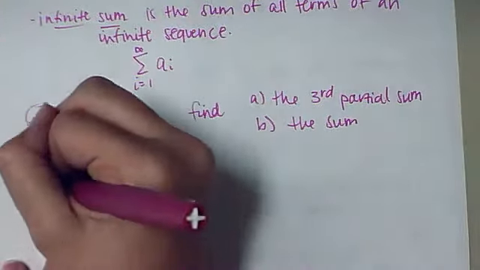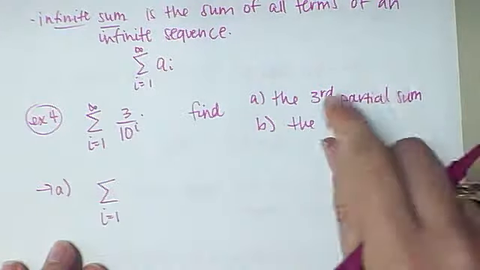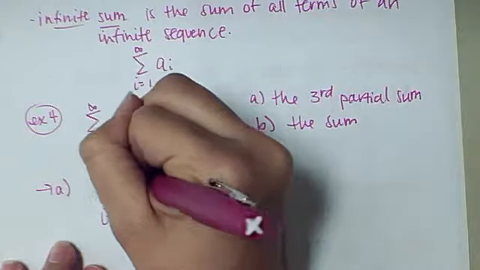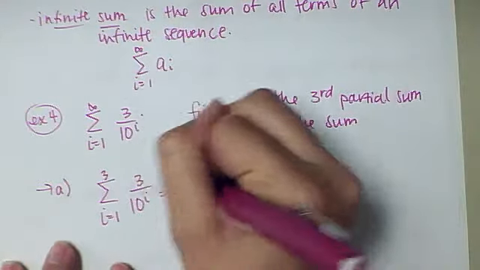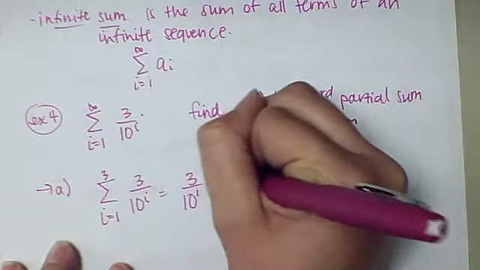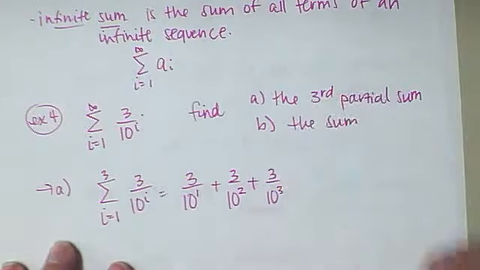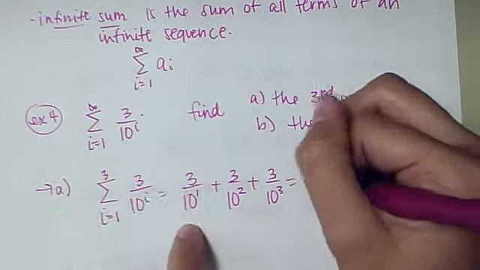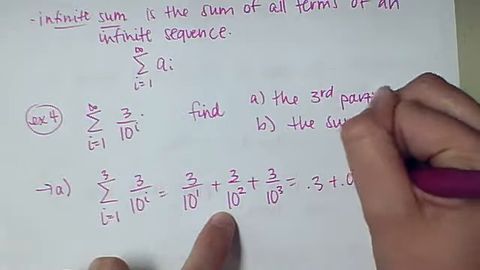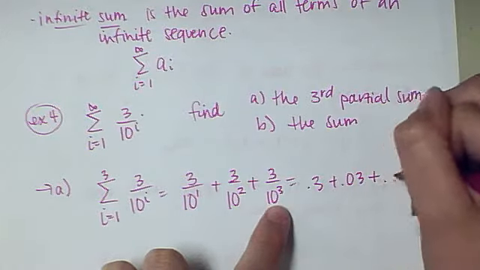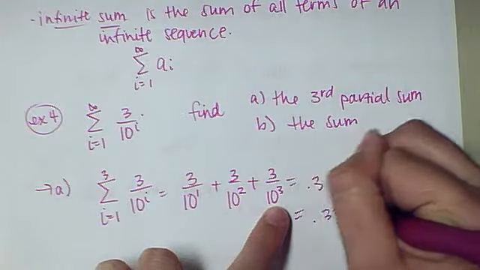Okay, part A, I'm going to do the summation from i equals 1, and I want the third, so I'm going to stop at 3, of 3 over 10 to the i power. So I'm going to do 3 over 10 to the first, plus 3 over 10 to the second, plus 3 over 10 to the third. And when I figure out what that is, 3 over 10 is 0.3, 3 over 100 is 0.03, and 3 over 1,000 is 0.003, which equals 0.333.